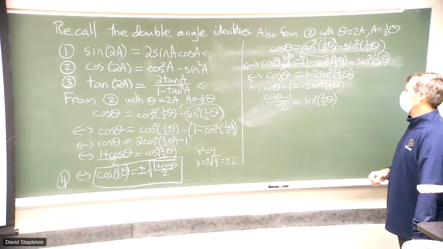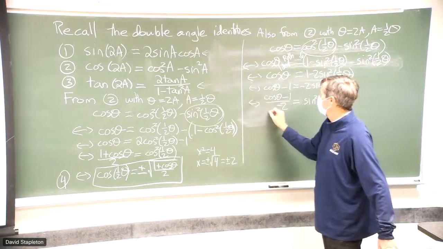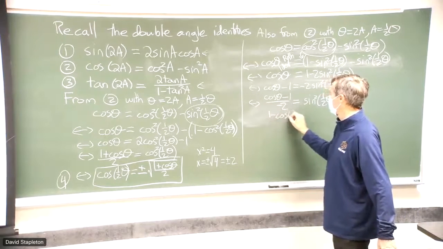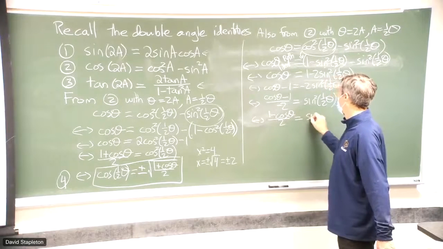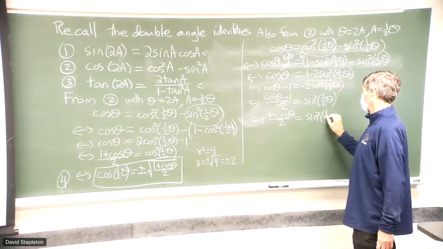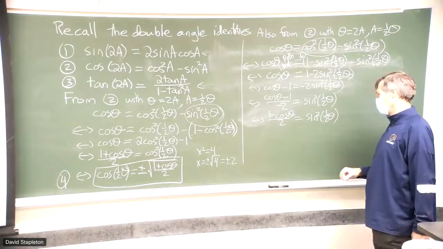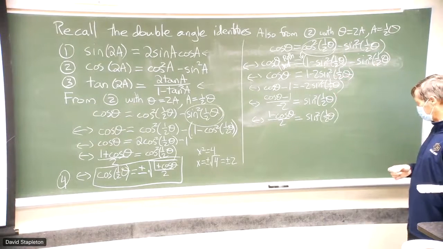And let's see, if I take minus the top over minus the bottom here, then the top becomes 1 minus cosine theta and the bottom becomes plus 2. So we won't spend all our time on proofs, but I just wanted you to see that the double angle identities, by making this substitution, give you the half angle identity.